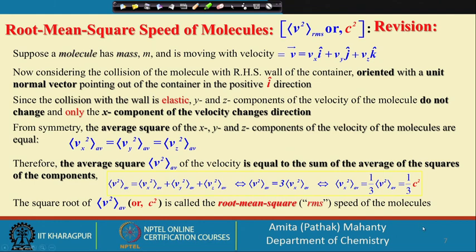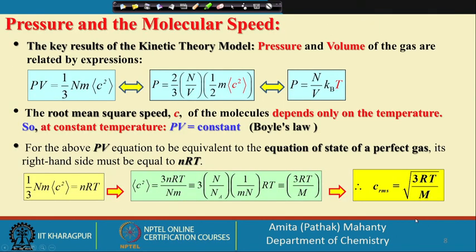So, this is how we are going to define the RMS velocity. According to the previous derivations which we had carried out, the key result of the kinetic model was that the pressure and volume of the gas could be related by this expression. I am not going to read out the expression, it is obviously visible to you.